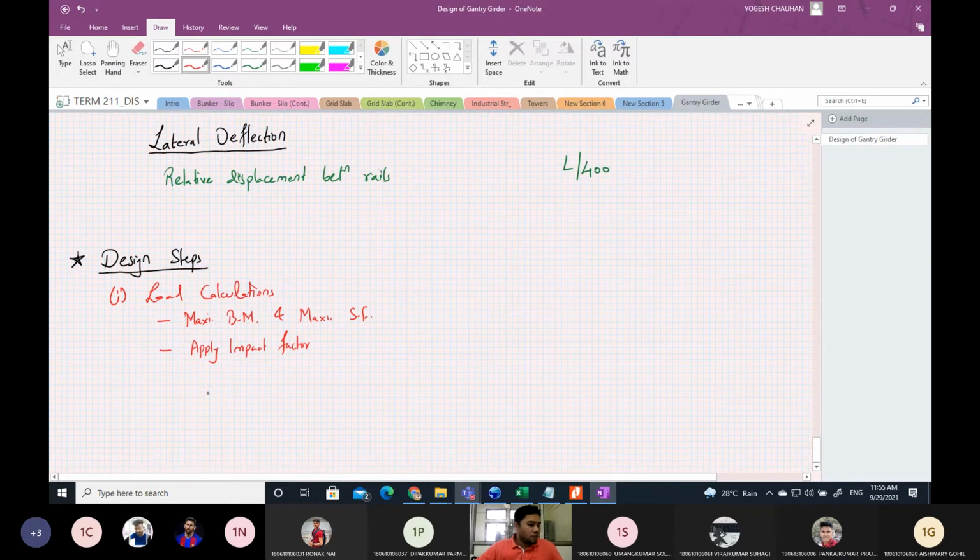Then we find the horizontal forces and bending moment due to surge. Horizontal forces means both the longitudinal force and lateral thrust.